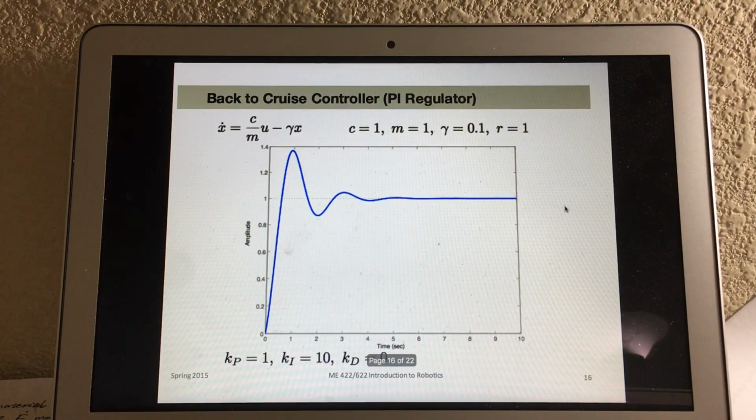Another thing is, if you increase the integral part, here I have the integral part too large. Here I have k_I equal to 10, much higher than k_P equal to 1, and I keep all the rest the same as before. You can see it overshooting a couple of times. This looks exactly like the buckling profile I have been playing with, right, with Amir.